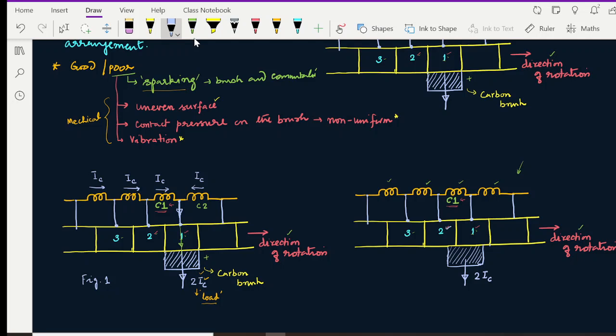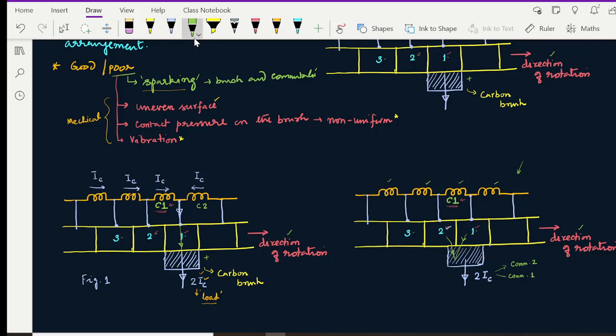Now we have to watch closely that there is a part of current which has started coming from commutator segment 2, and commutator segment 1 still contributes to the current 2IC. So basically this 2IC is partly coming from commutator segment 2 and majorly coming from commutator segment 1.